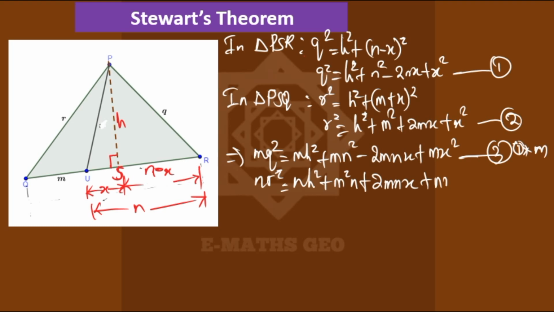That's equation 4. Why did I do this? So that we can eliminate 2MNX.